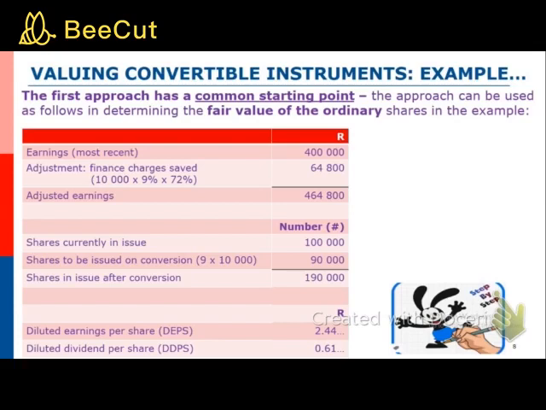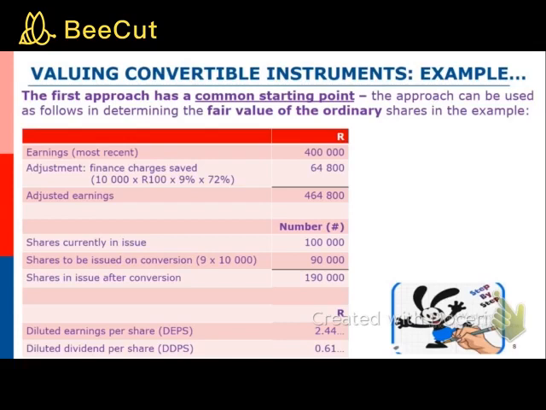And that is, here we assume that after conversion, this instrument will therefore no longer be in issue, will not be replaced, and so the company has a permanent savings with regard to those finance costs that it would have incurred. So on the 10,000 instruments of 100 Rand each, they will be paying a 9% interest rate and will be getting a tax deduction on it. Now that results in an annual saving.